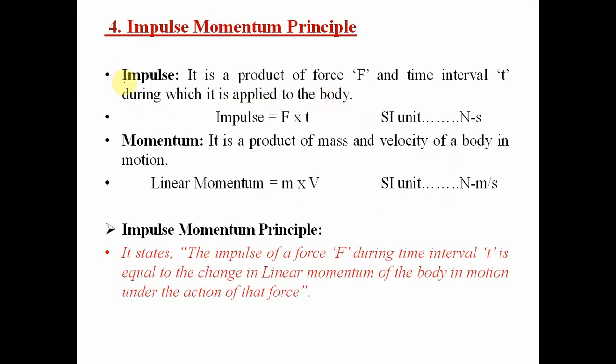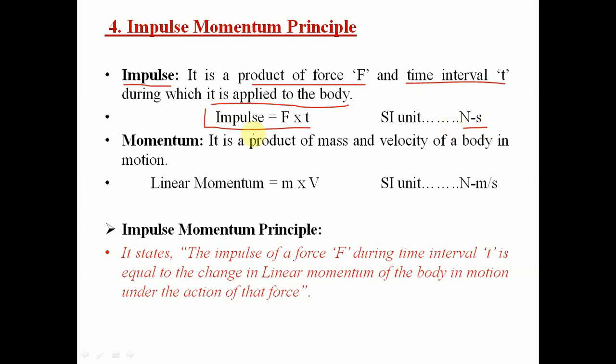So first we'll see what is meant by impulse. It is the product of force F and the time interval t during which it is applied to the body. So impulse is given by the formula F into t, and the SI unit is Newton second.